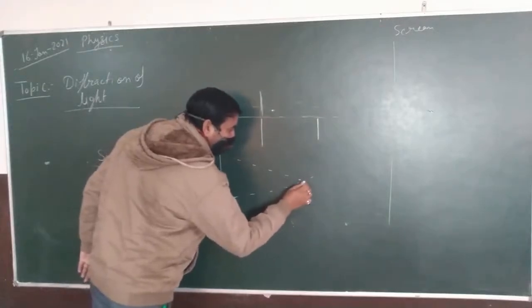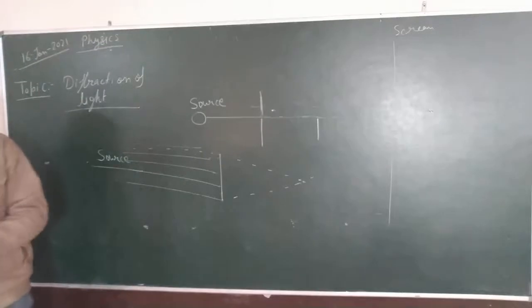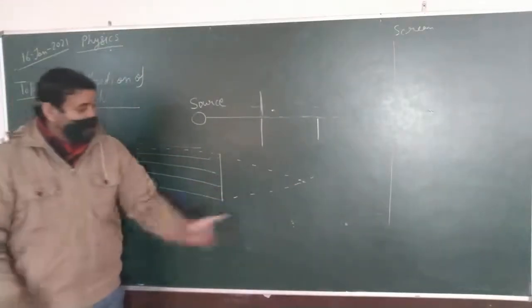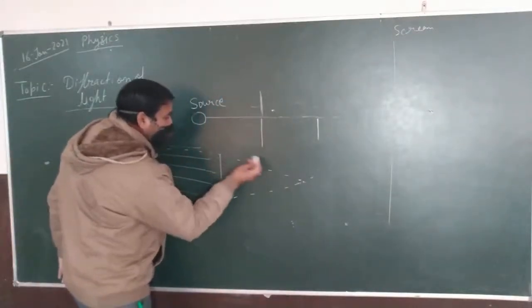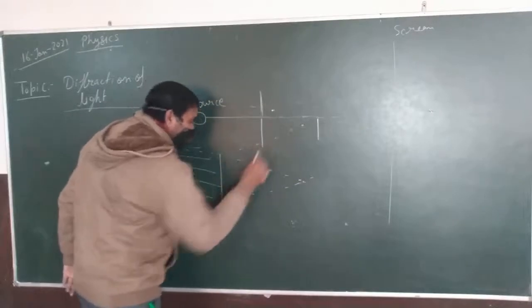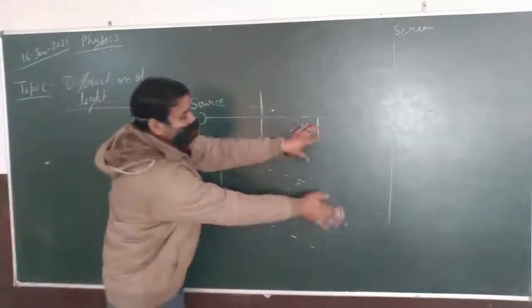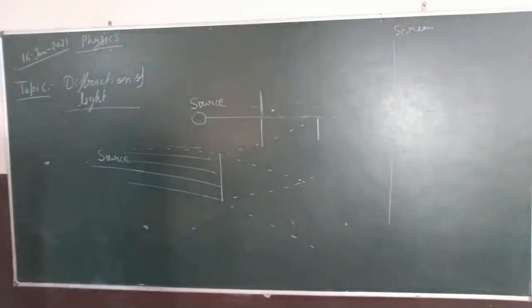Where they meet, we get a central bright point, which is the maximum brightness. In some cases the light is bent away from the shadow, so we get this portion where the light does not reach, the central dark point.